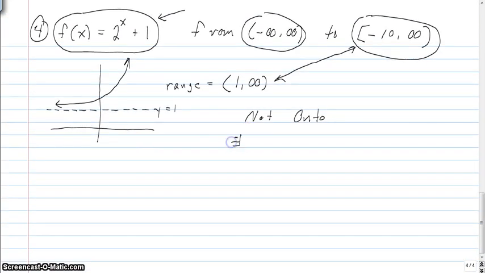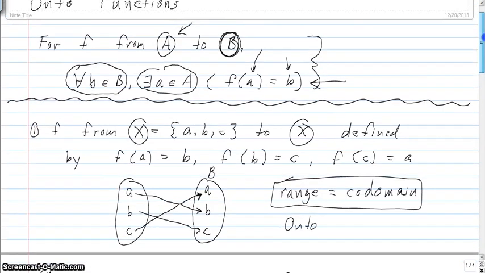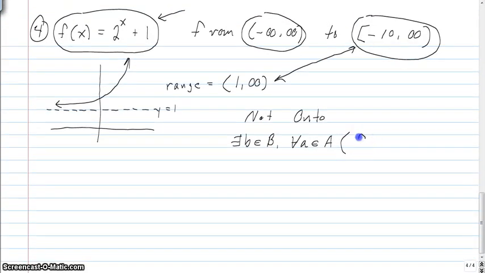So that would mean there exists a b in B, so that for all a in A, and then the negation of f of a equals b would just be that f of a is not equal to b.